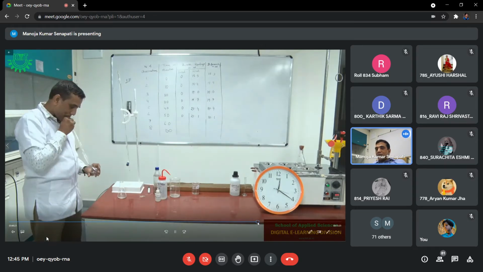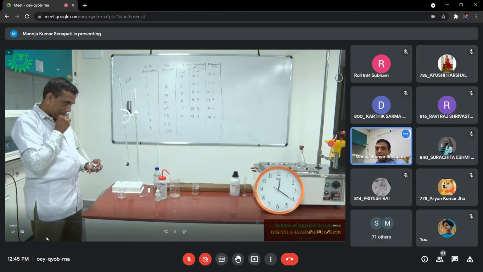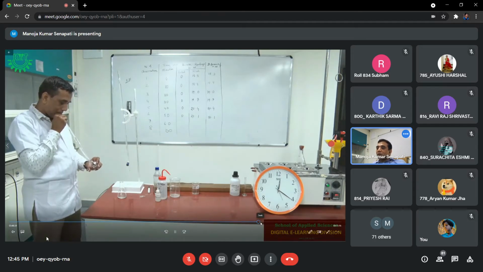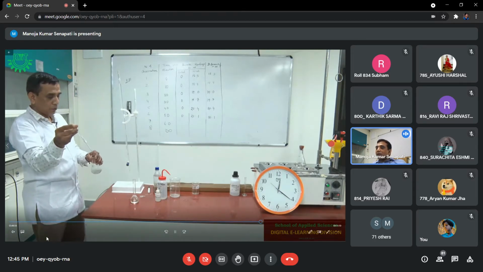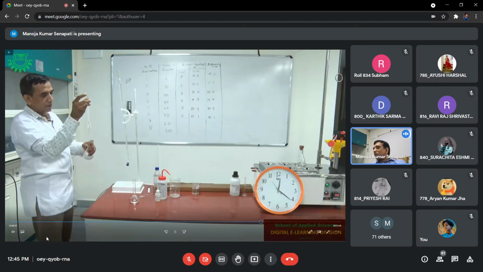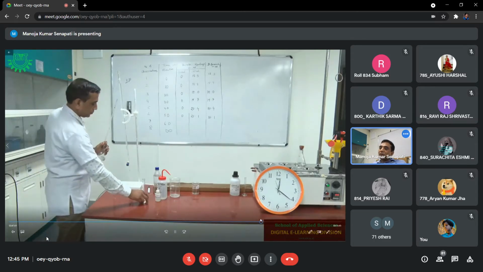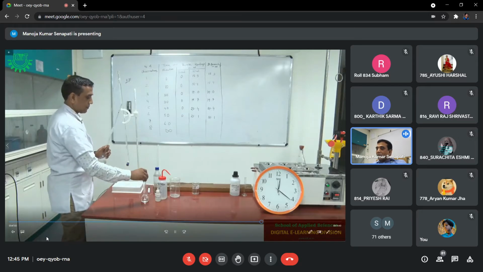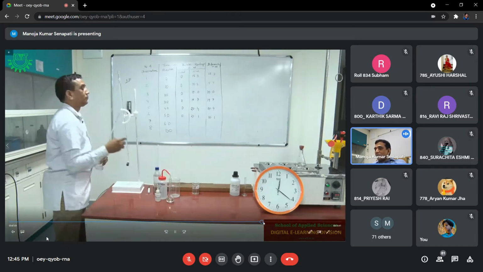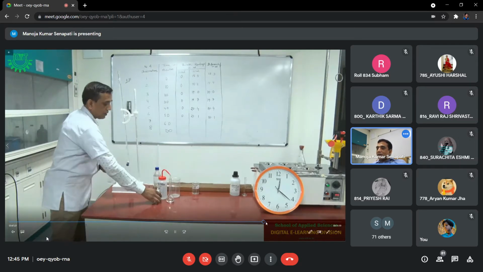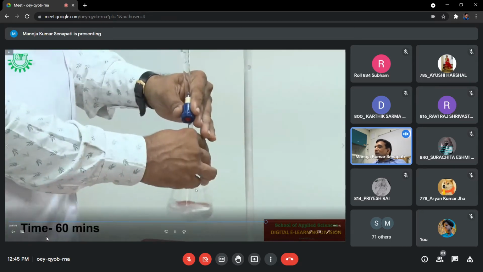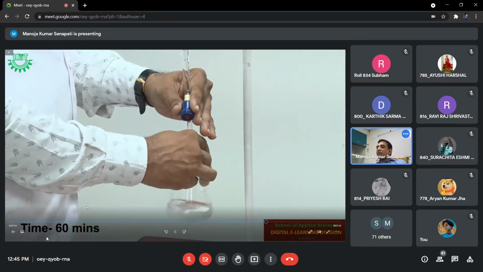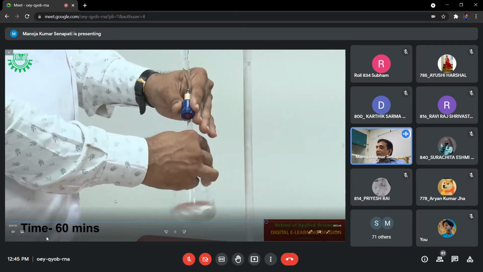Then pipette out the reaction mixture, 10 ml, and add to the conical flask exactly at 12:21. Now to that one, you will add phenolphthalein, same process, and carry out the titration. This is the observation you are going to take at 60 minutes.